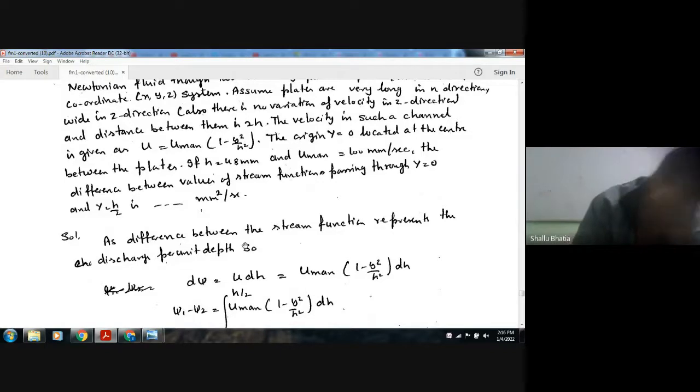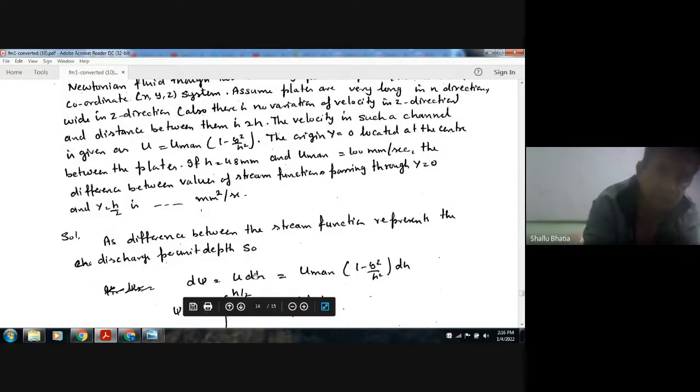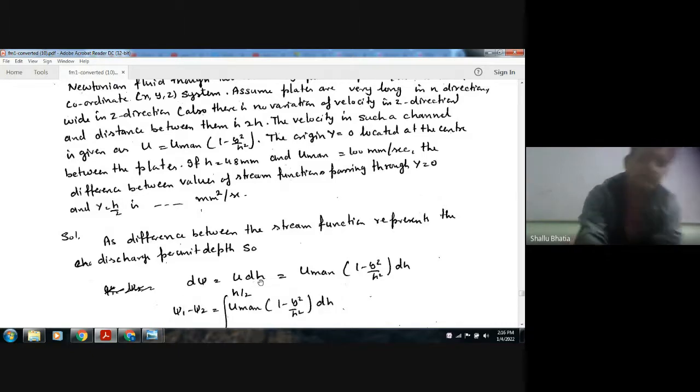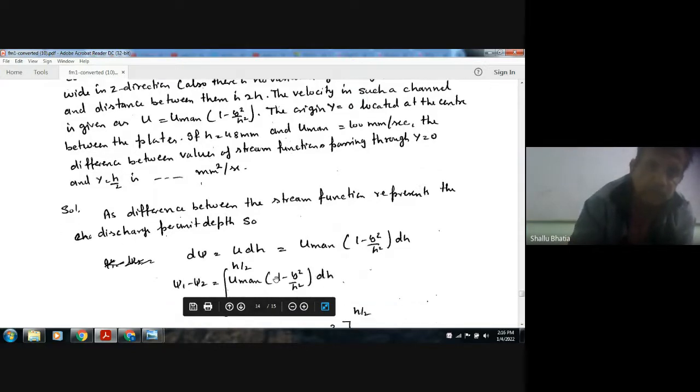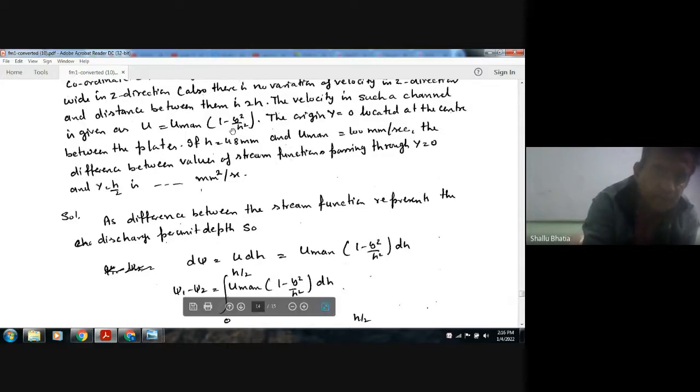So if we consider a small strip of thickness dh, then the stream function is given as u into dh, where u is the velocity and dh is the thickness of the strip. Your u is given as u max times 1 minus y square by h square.